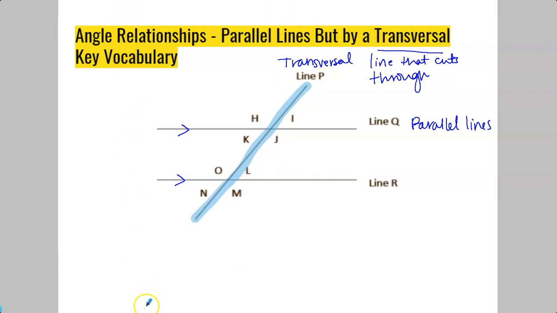And we're going to be looking at the angles that are created when you have this transversal cutting through these parallel lines. We're also going to be talking about things like interior and exterior. If we are talking about interior, we're talking about the space inside the parallel lines. So right here, this would be interior.